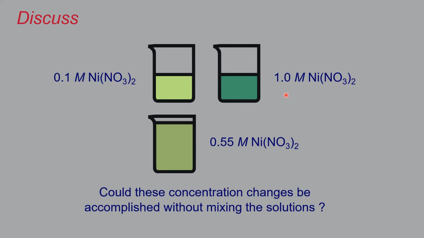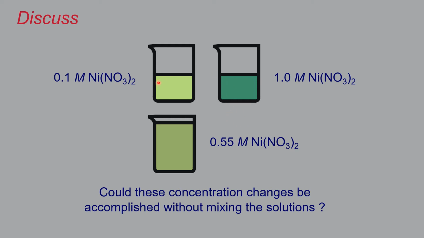Could you accomplish this concentration change without physically mixing the solutions? What I mean by that is an end state where, let's say this was 100 milliliters and this was 100 milliliters. If you physically mix them, you get 200 milliliters of this 0.55 molar solution.